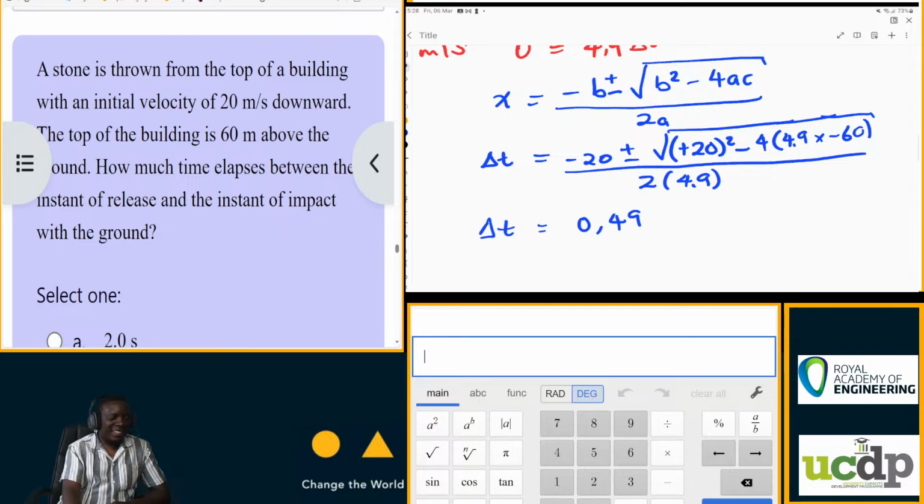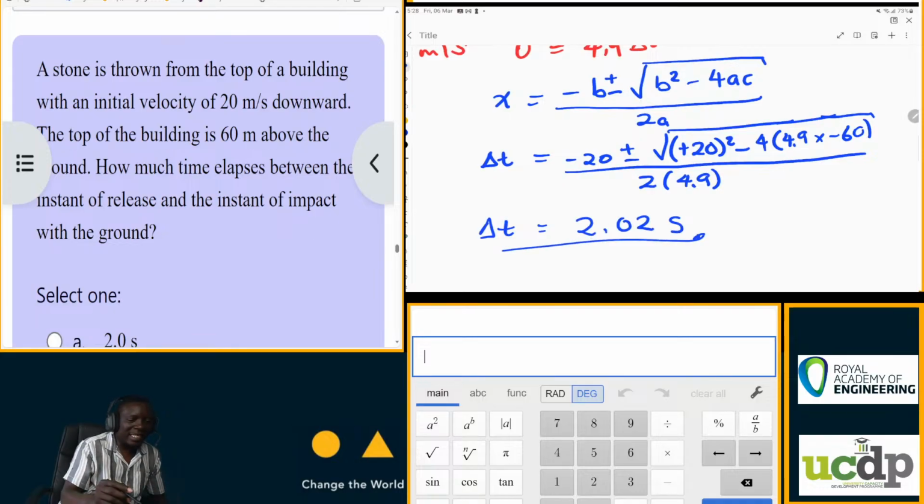Actually, t is 2.01, 2.02, right? Yes, perfect. Thank you for correcting that, but that's fine. It's part of the mistakes that you make. Besides everything else, the first thing you should be able to do is identify your motion.